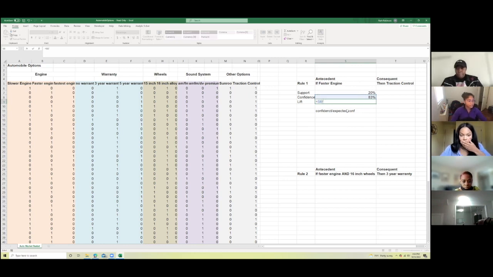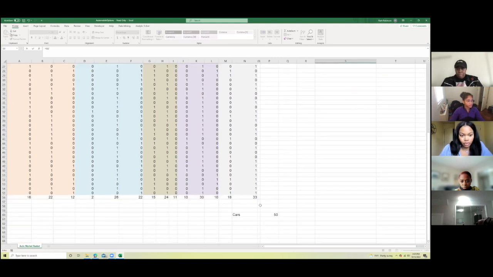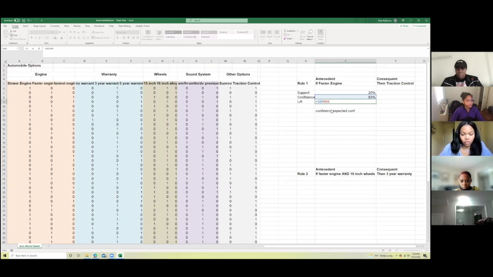And then it's going to be divided by the expected confidence, which is just the number of the consequent, so 33, divided by the total, so 50.